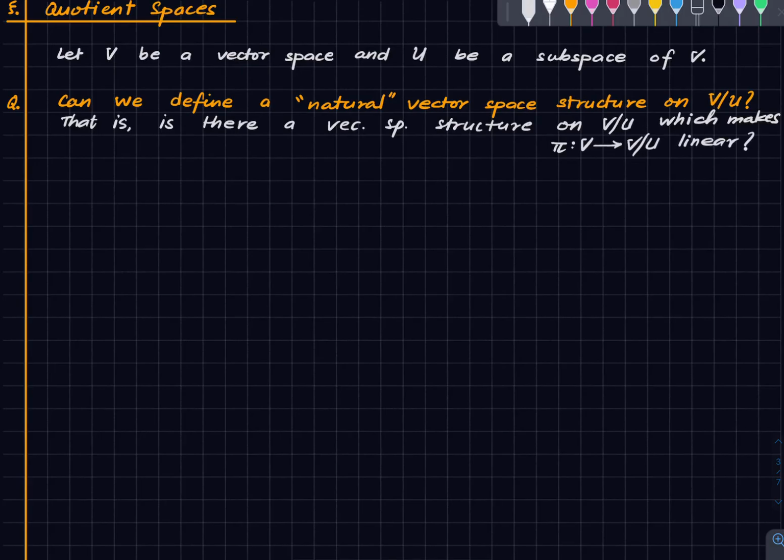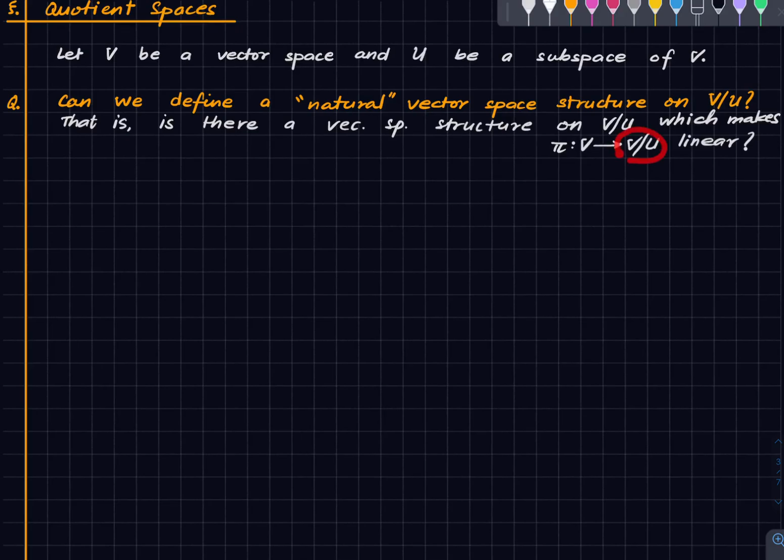Right? So in our lecture on exporting set theoretic quotienting to linear algebra, we saw that there is a unique vector space structure on the set of cosets of the kernel of a linear map with V as its domain, such that this guy is linear. We are just asking that question in a context where there is no linear map. All we have is a vector space V and its subspace.